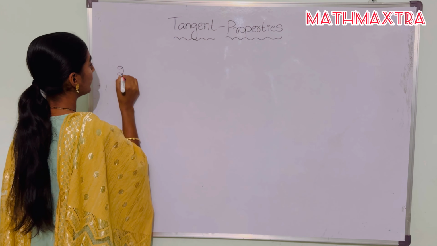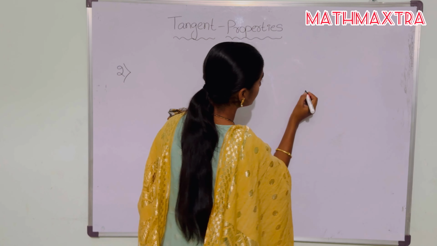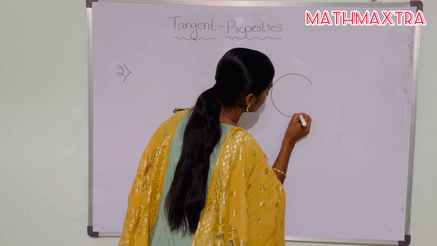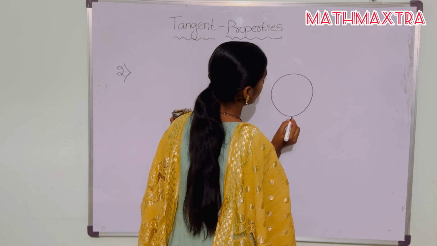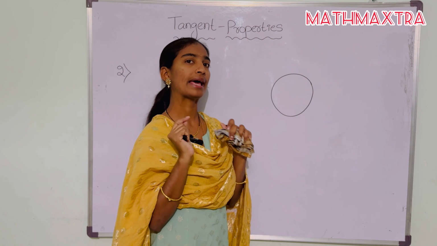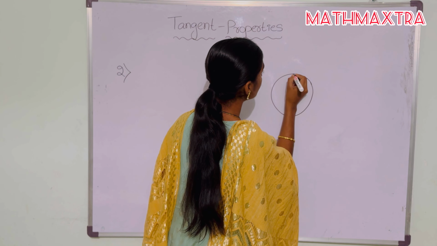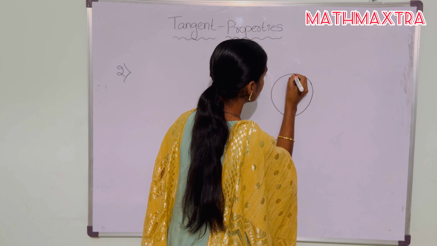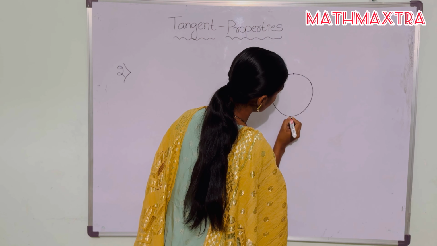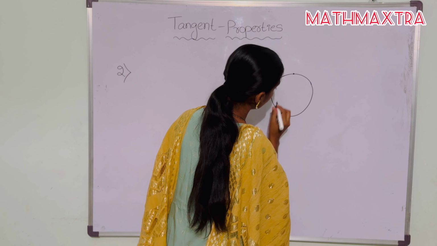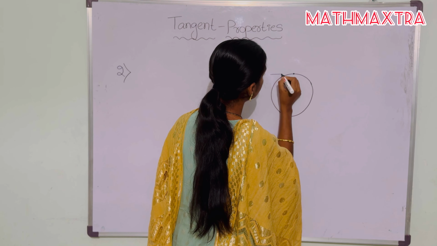Okay. Second property: you take one circle and consider any two parallel tangents, means the two tangent lines must be parallel.